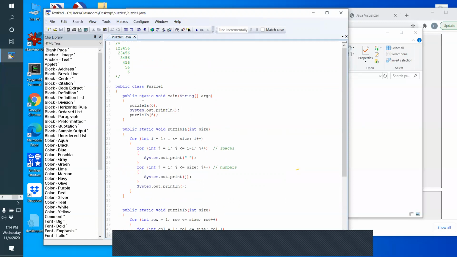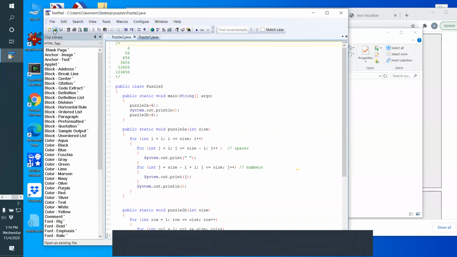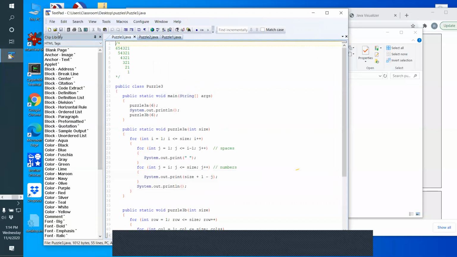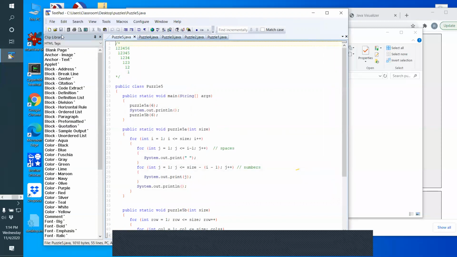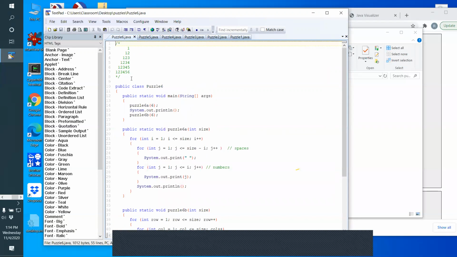A lot of these puzzles had two solutions. Let's look at another one.